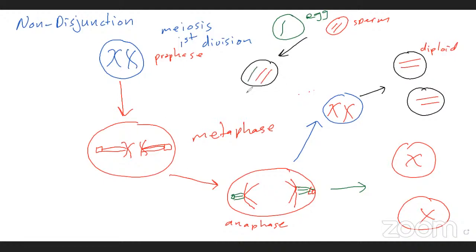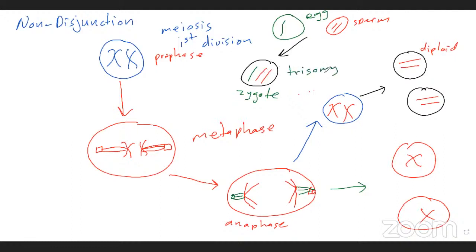Now, how many should normally be in this? Two. Right, so two is the normal number, but with this non-disjunction, sometimes it might have less or it might have more. So in this case, how many does it have? More. Three, right?